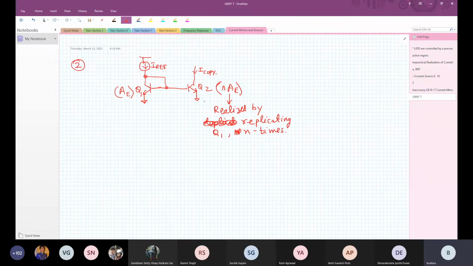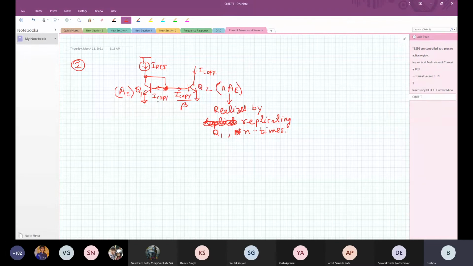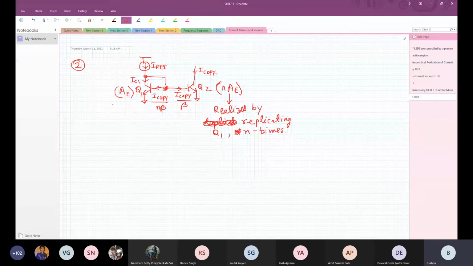Now, what could be another cause for inaccuracy? The base current. So what is the base current here? The base current is going to be I copy by beta. And what is the base current here? It is going to be I copy by N beta, because the area is 1/N. Now there will be an IC here, let's call it IC1.